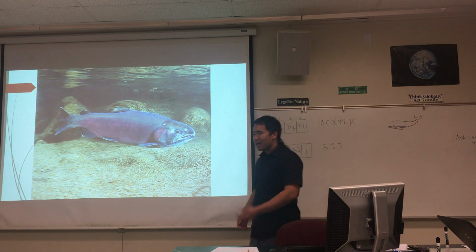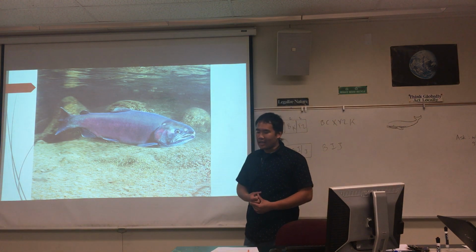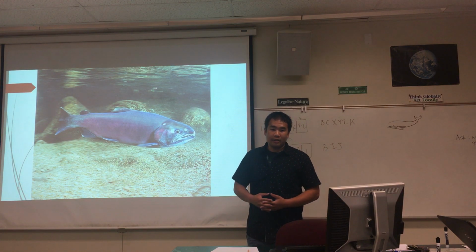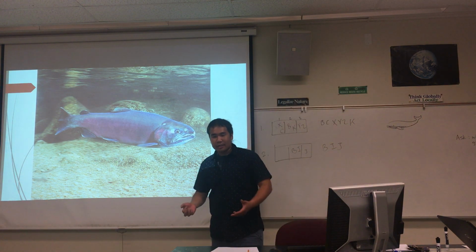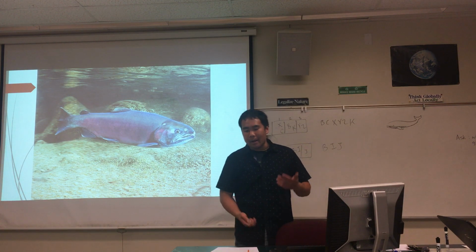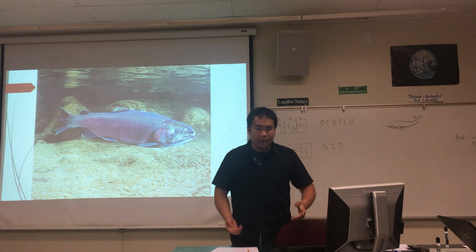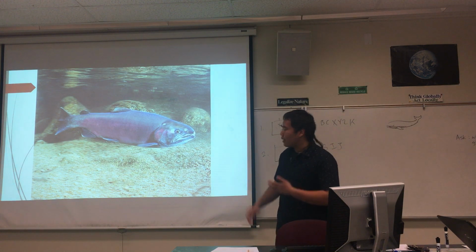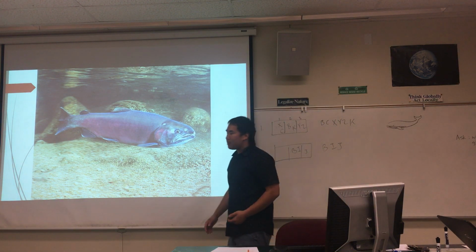Its reproductive strategy is really bad, and that's why it's going extinct. It has to go back into the river it was born in and lay its eggs. And people like to dam those rivers and extract power from them, and people like to overfish salmon, so they're doomed. That's why we like to farm salmon so much.